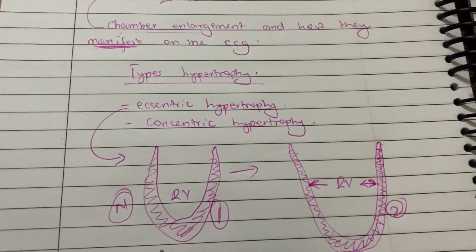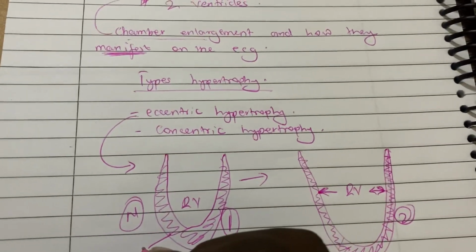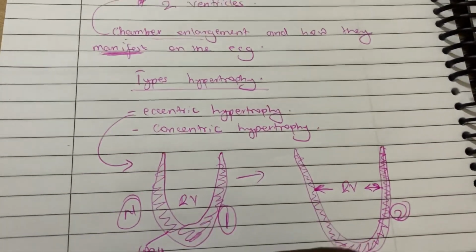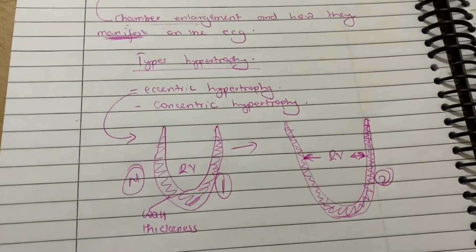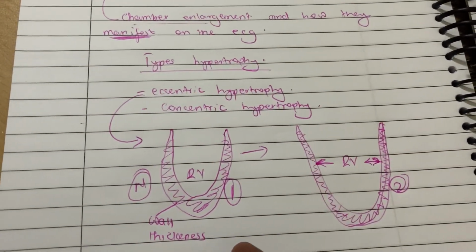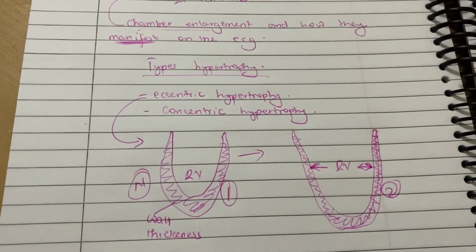In eccentric hypertrophy, the thickness of the myocardium, this wall thickness, may remain the same or increase in size.